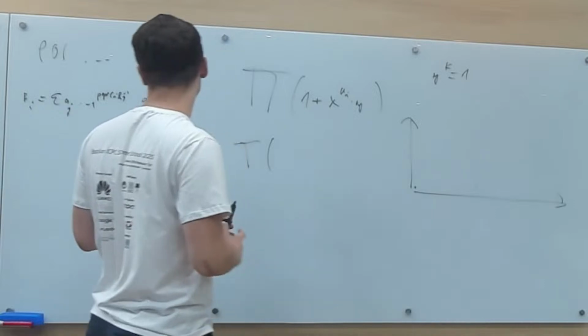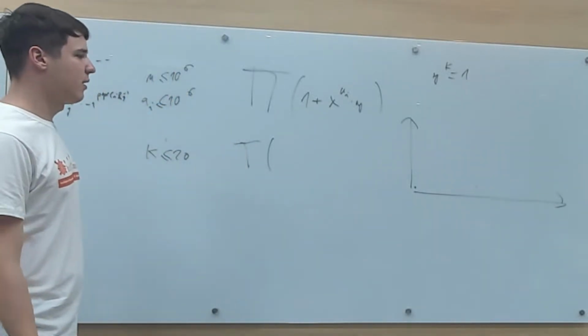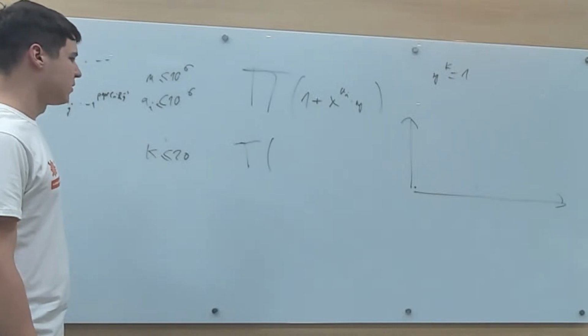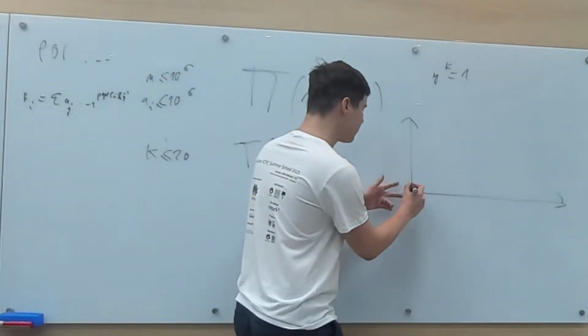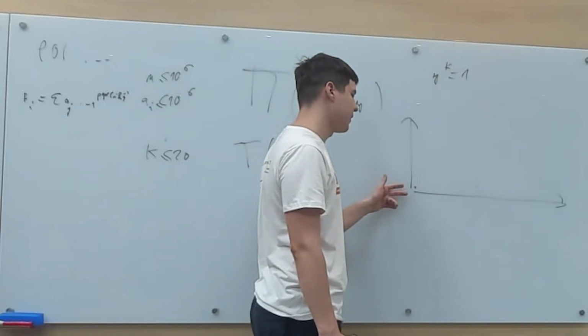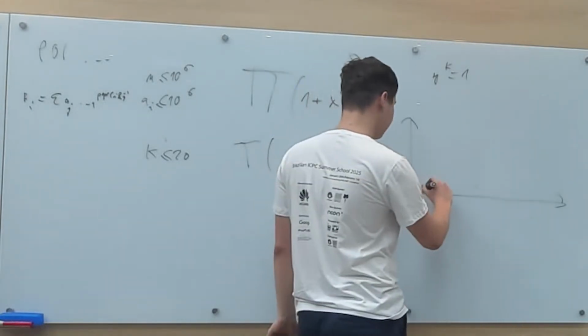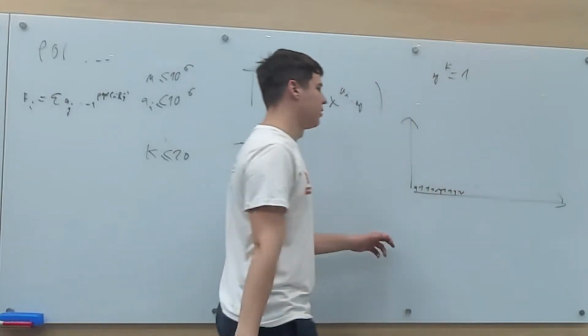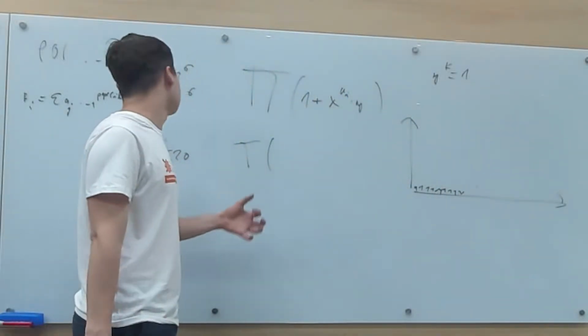So how does this look? Basically, on this bottom row, we always get ones, because we may think of it as a linear transform.